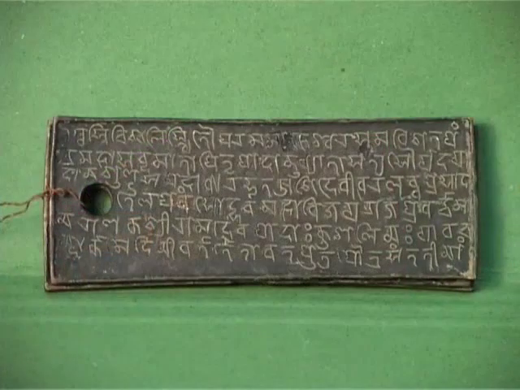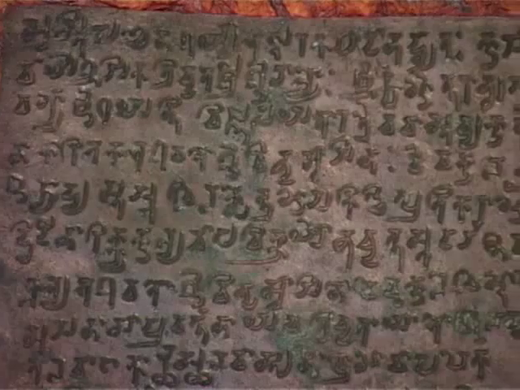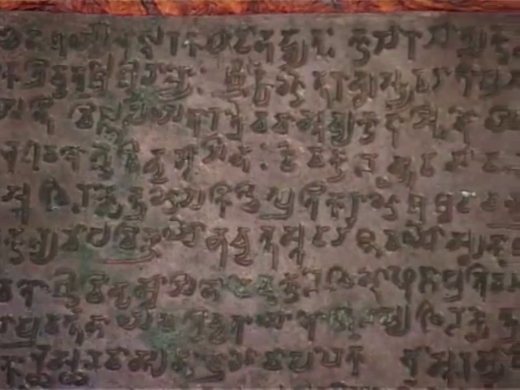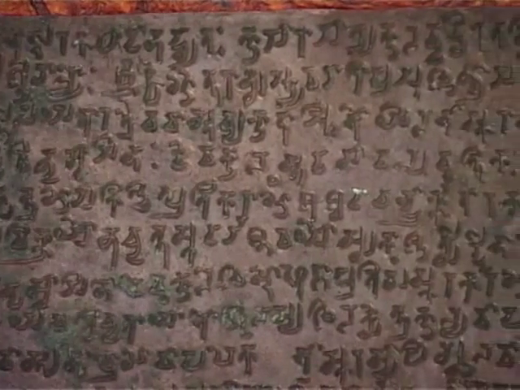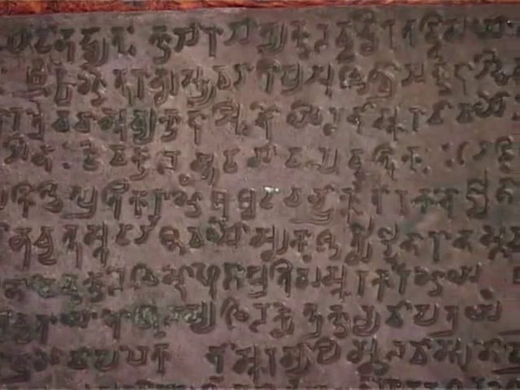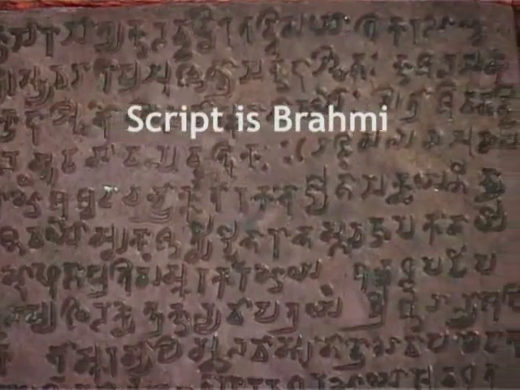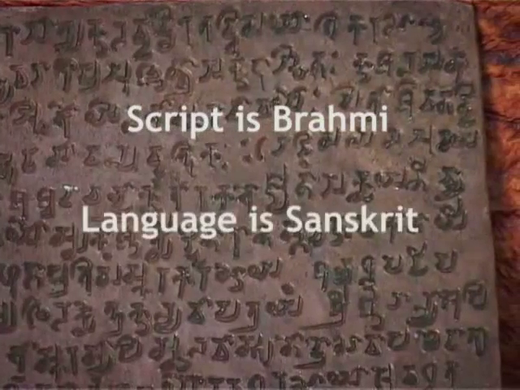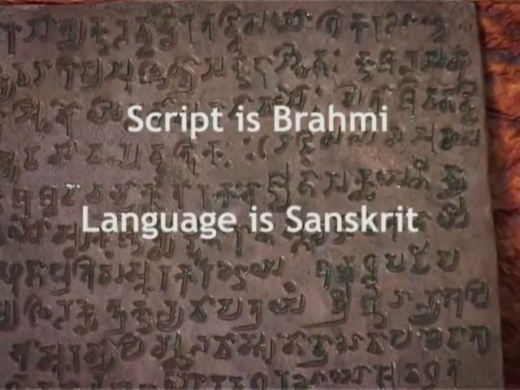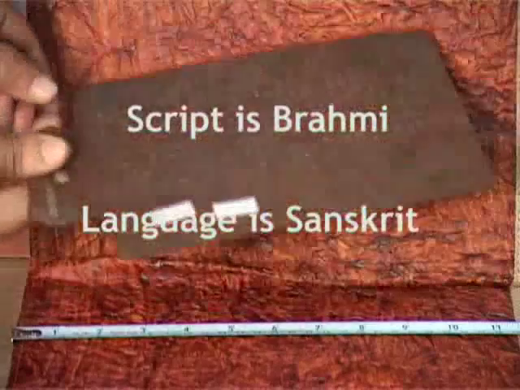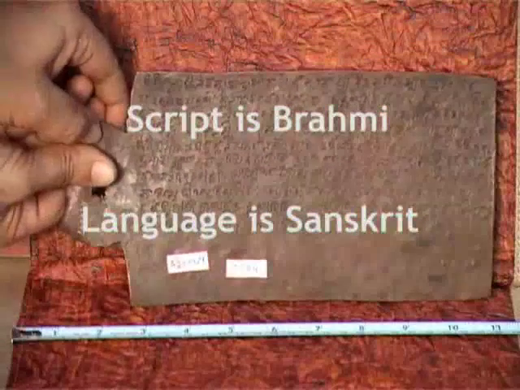There may be many languages, but not all may have their own script. For example, the script used here is Brahmi, one of the oldest scripts known to recorded history, but the language is Sanskrit. This is a copper plate from the Gupta period.